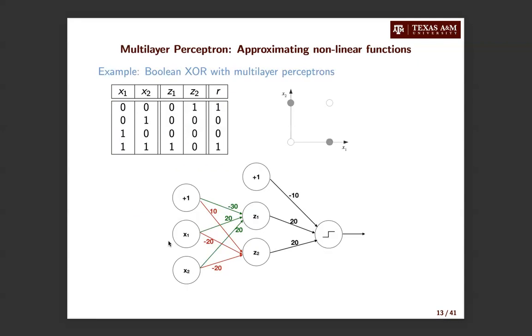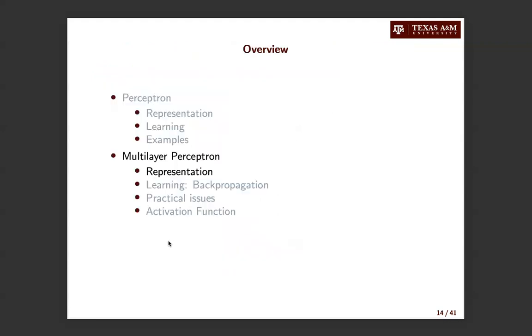So this is the whole intuition behind using a set of perceptron units in order to implement non-linear transformations of the input space. And this is particularly helpful when we have non-linearly separable data, which many times is the case.